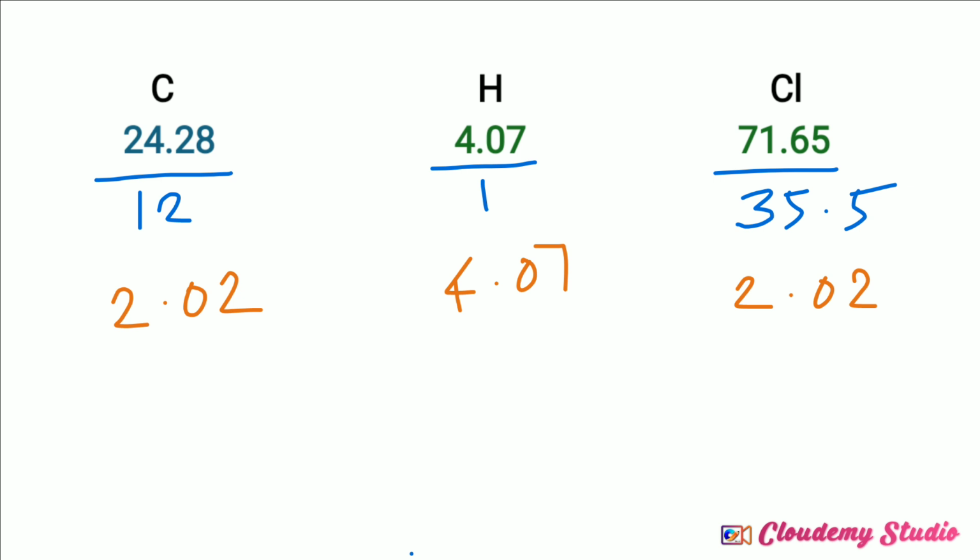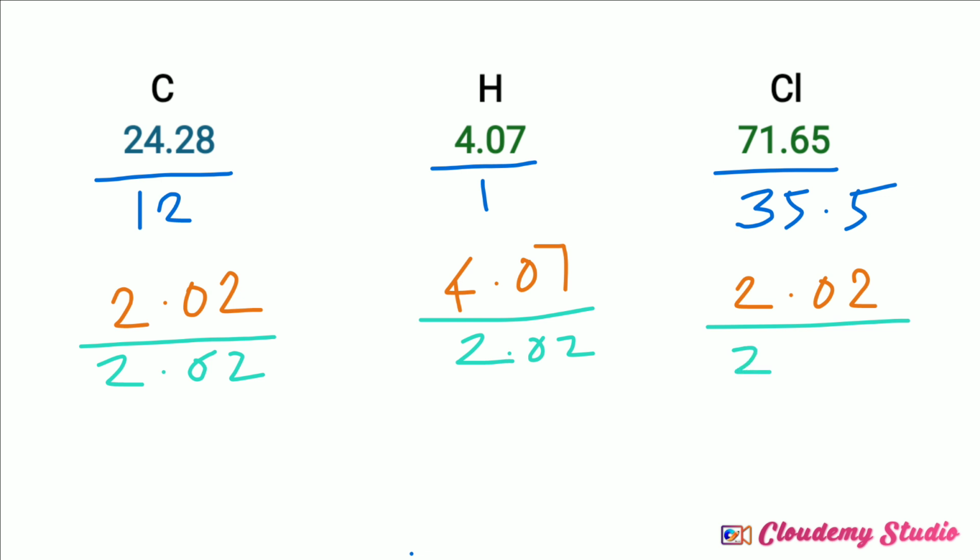That is, 2.02 is divided by 2.02, 4.07 is divided by 2.02, and this also has to be divided by 2.02. On simplification, we get 1, 2, and 1.